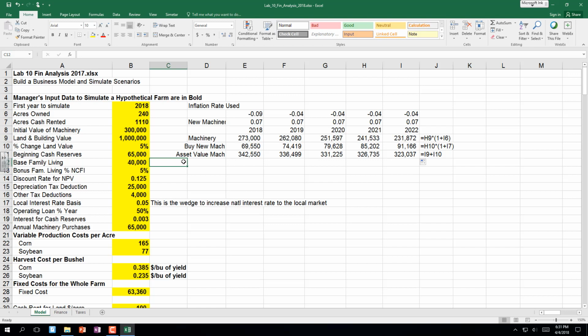Another thing we have to have for an asset is the value of land. So let's just update that. Land value. We have $1 million worth of land, and it's being inflated at 5%, about 0.05.